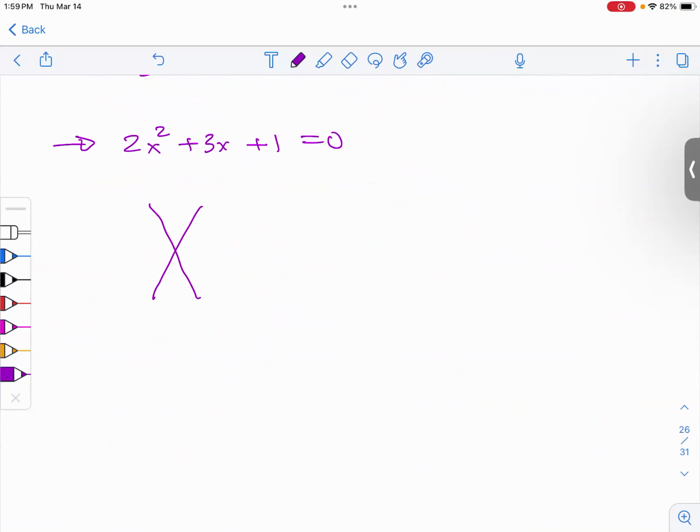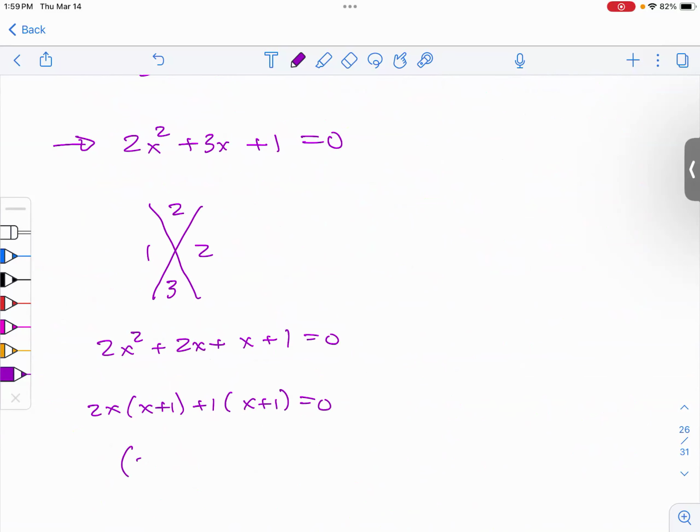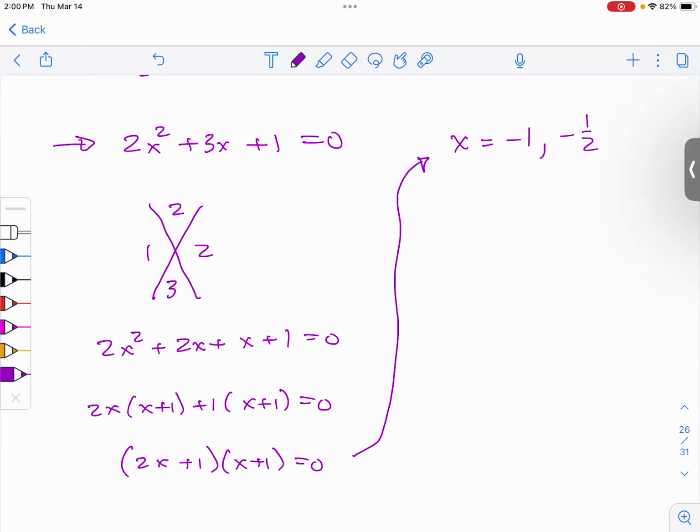So it'll be pretty close to what we had. Yeah, almost the same numbers. x = -1 now and -1/2.